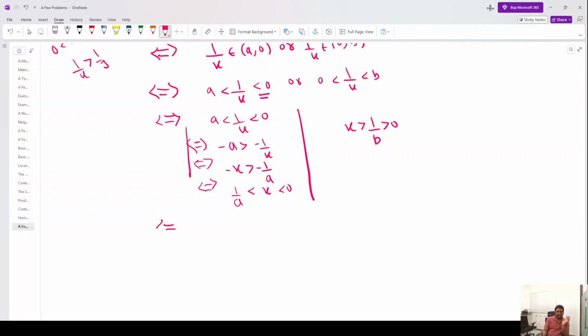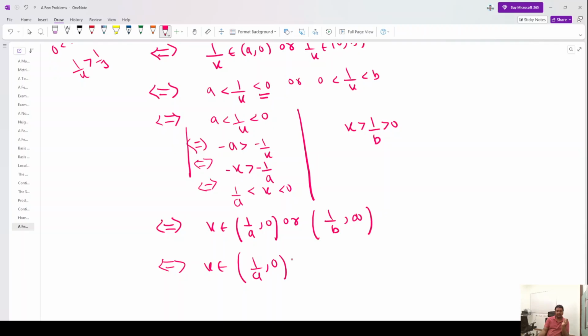So what you are getting is, if and only if x belongs to these intervals, 1 upon a comma 0, or 1 upon b comma infinity, right? So this implies x belongs to (1 upon a, 0) union (1 upon b, infinity). Please check the calculation. I may make some silly mistake.